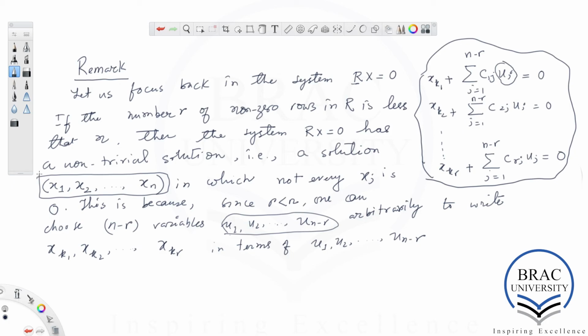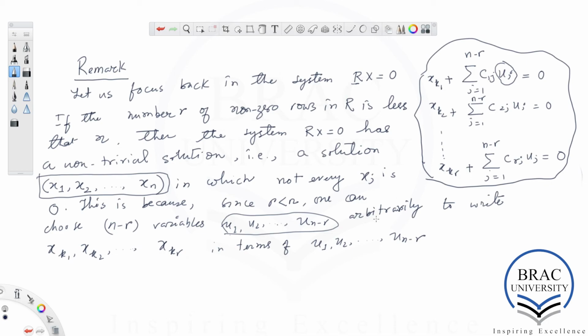By which I mean that not all the entries in this n-tuple will be zero. Of course, I can choose non-zero values here because they are free variables. I'm free to choose the values of those variables.